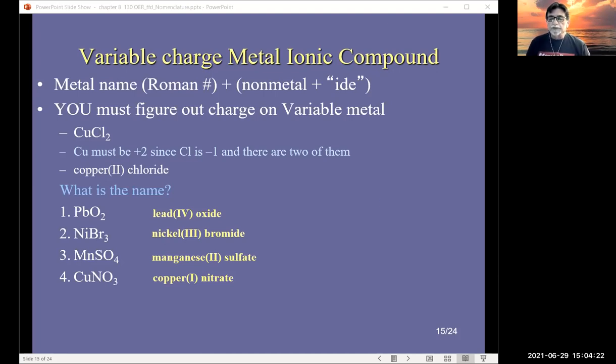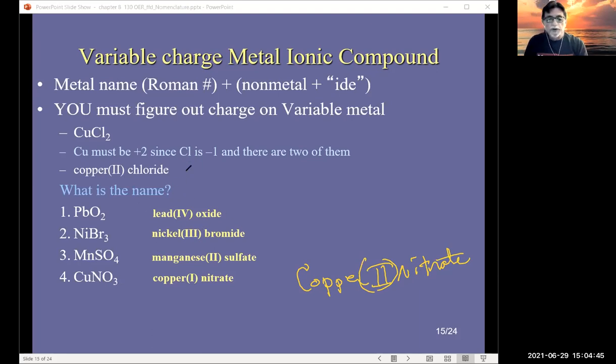Keep in mind, it's important we use Roman numerals here because there's also a copper 2 nitrate species. And there's also a copper 2 oxide or a copper 1 oxide.